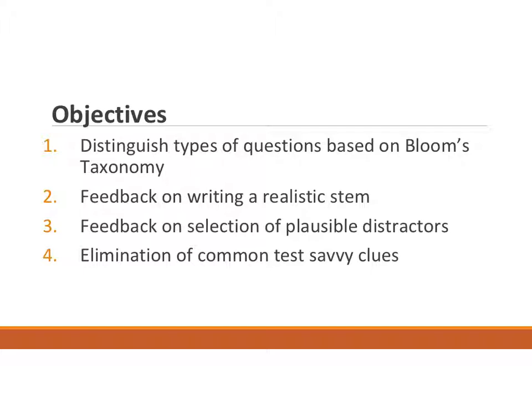The intent being that if a student answers a question, we want to have pretty high confidence that if they got the right answer, it's because they really mastered the material that was intended and not that they were using clues in the question itself or within the test to be able to answer that test question.